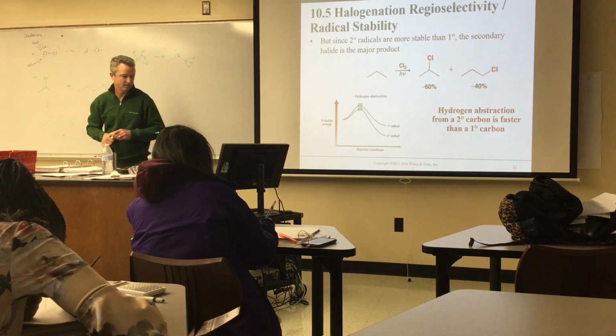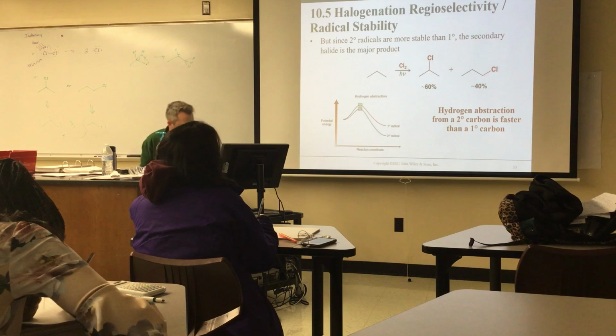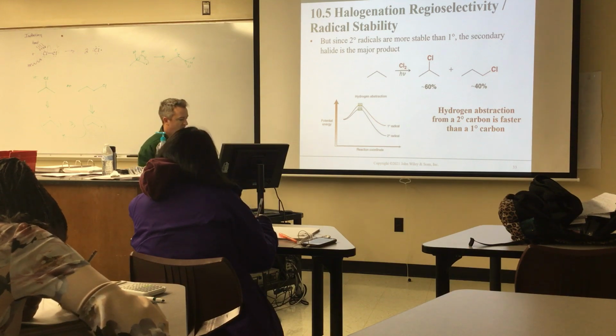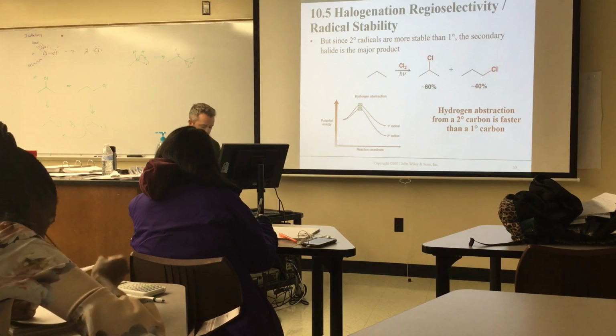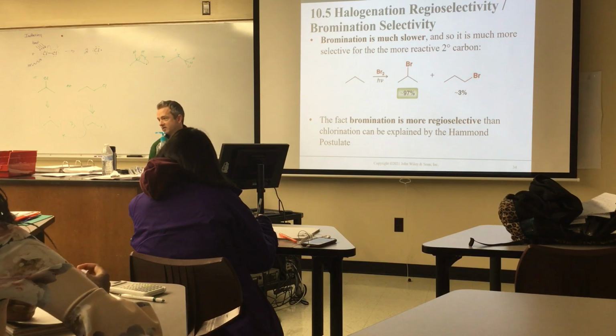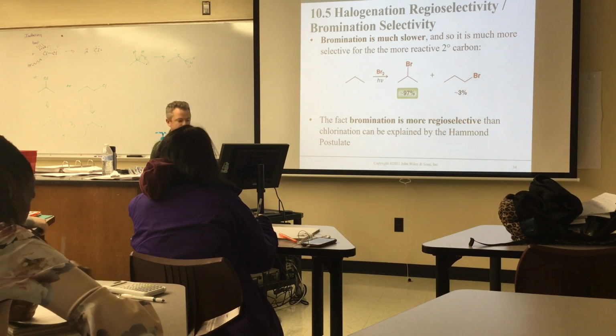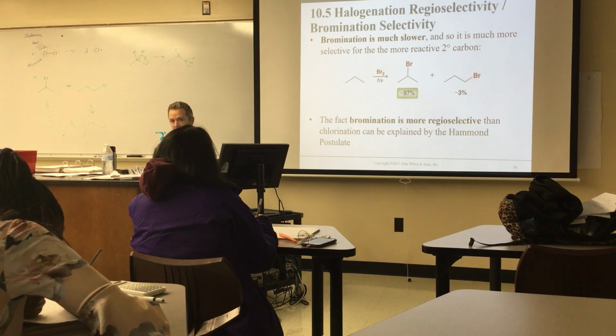The slide tells you hydrogen abstraction from a secondary carbon is faster than from a primary carbon, and therefore your selectivity is as such. But look at bromination. Look at that. It's got great selectivity. Okay? It's a lot more regioselective. What is regioselective?